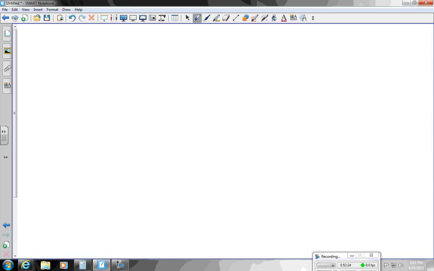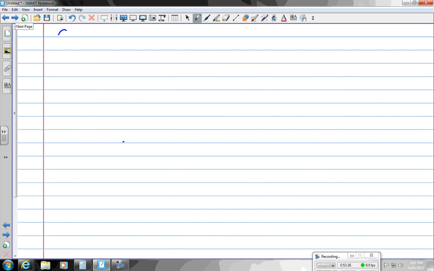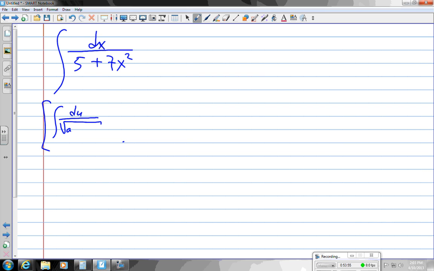So, for example, if you were given this, let's say dx over 5 plus 7x squared, and again, I'm trying to compare that with du over a squared plus u squared.